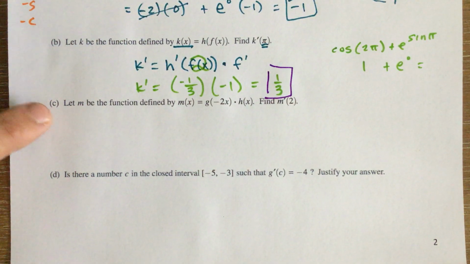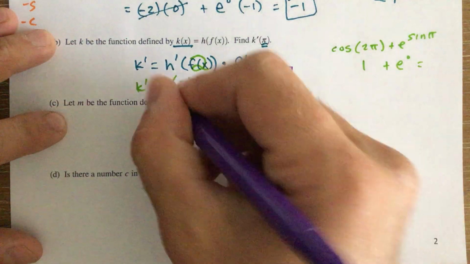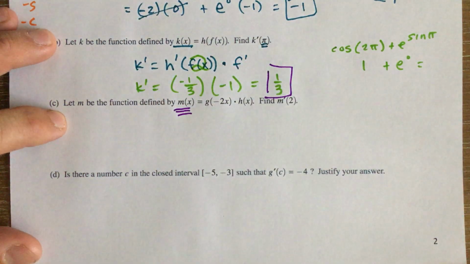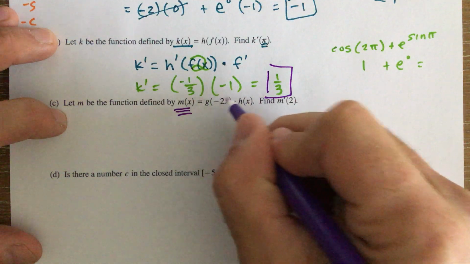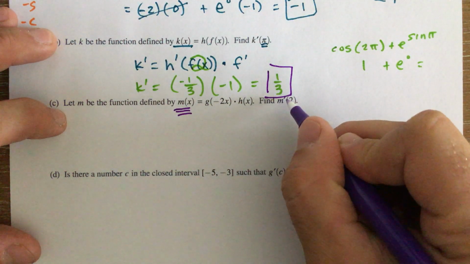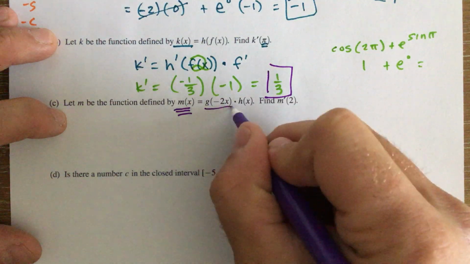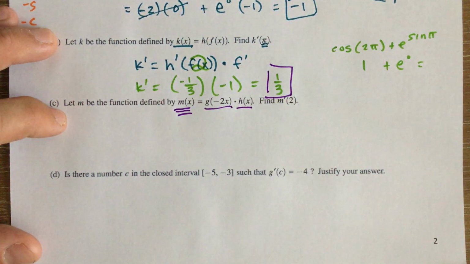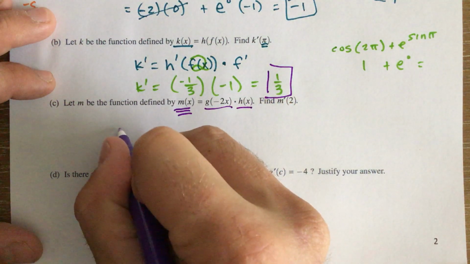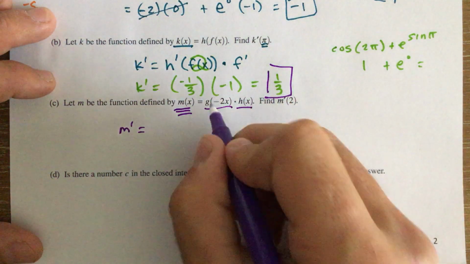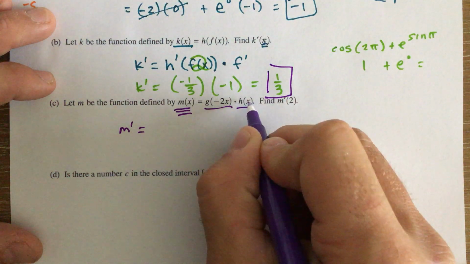All right, so C. Let m be the function defined by, so we have a new function, getting sick of these new functions, but a new function with g with a chain rule inside of it. I'm assuming, yeah, we're going to have to take a derivative here. So we have a function times another function, so we definitely have a product rule going on here. So the derivative of m is m prime equals the derivative of this part with that one written.